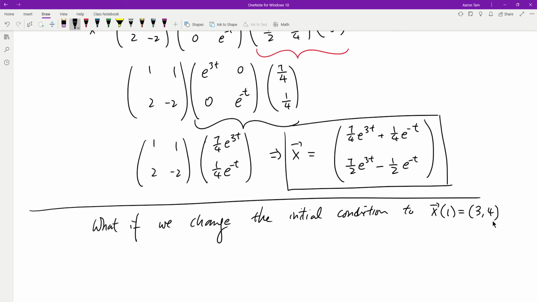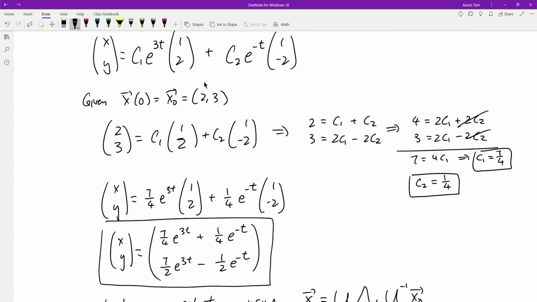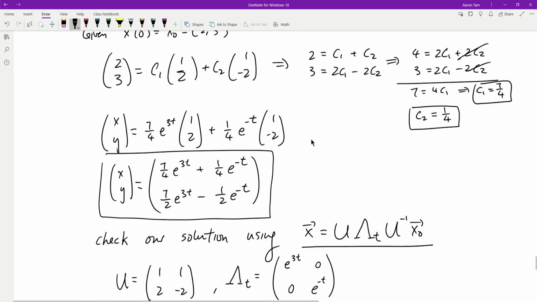So now notice that because I'm using 1, that actually makes this system a little harder to solve, because I will have the e to 3t, which is e to the third power, and e to -1 power in our system. That would just make this system a little more messy when we do it.